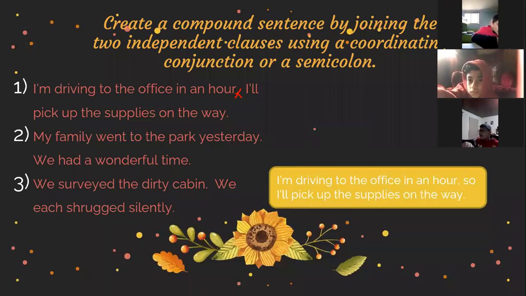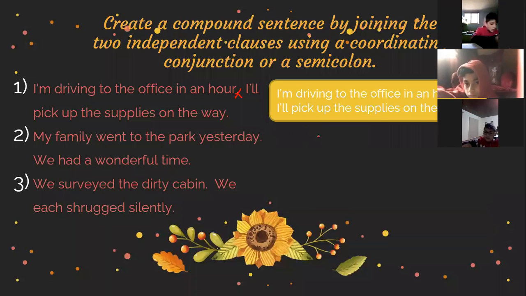Guys, let me tell you something. If you put a conjunction between two independent clauses without a comma, then the whole sentence is wrong. Again, I repeat, if you use the conjunction between two independent clauses without using a comma, then we call the sentence a run-on sentence, then it is wrong.